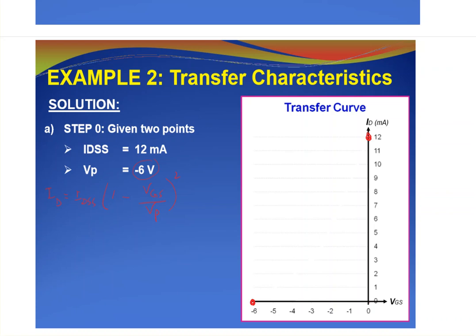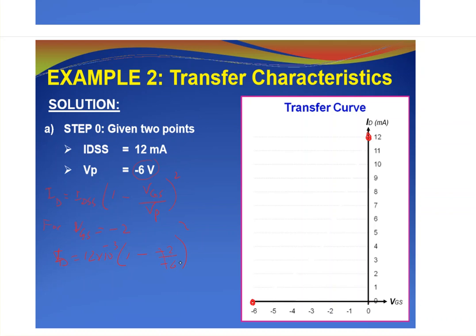Now in between, it's up to you how you want to try it. Would you like to try, let's say, VGS equal to -2 as an example? In that case, ID is equal to IDSS, which is 12 milliamperes, times 1 minus VGS over VP, which is -2 divided by -6, all squared.